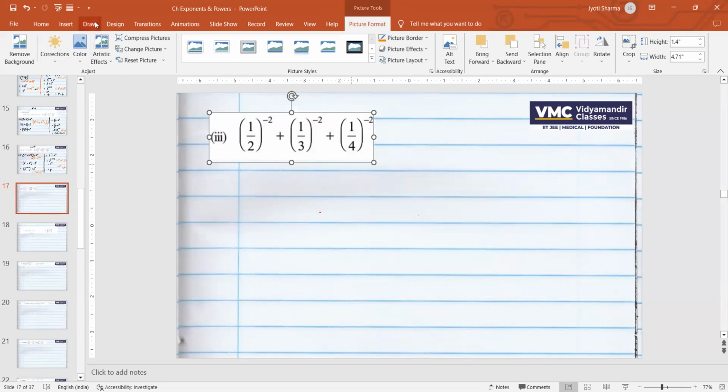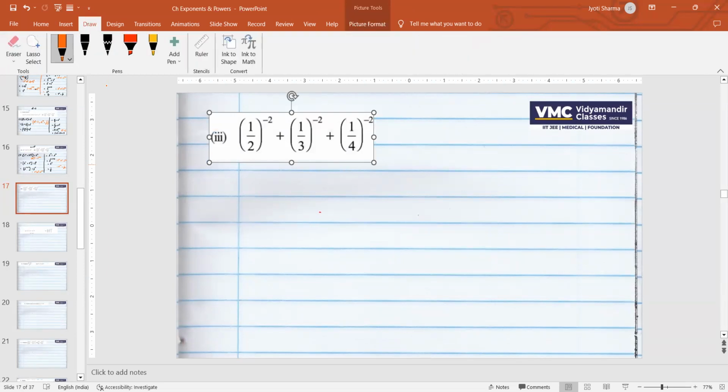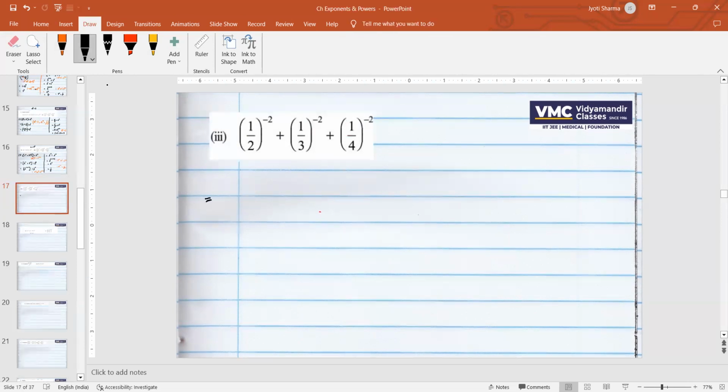So many students write it in a bracket and write the common power outside. No dear, all the laws which we have been taught are for multiplication and division. So what we can do is take the reciprocal of bases. I cannot write one common power 2 outside.